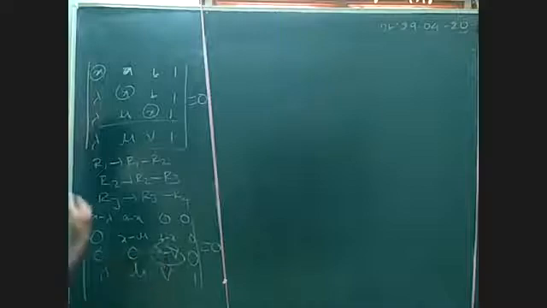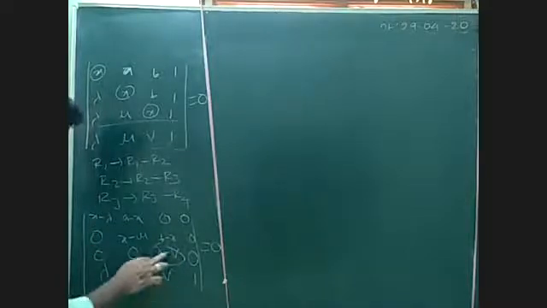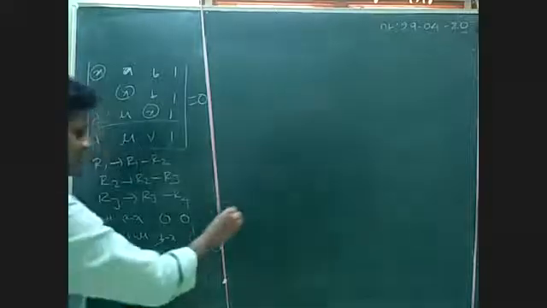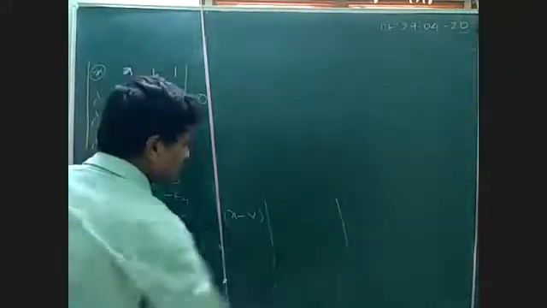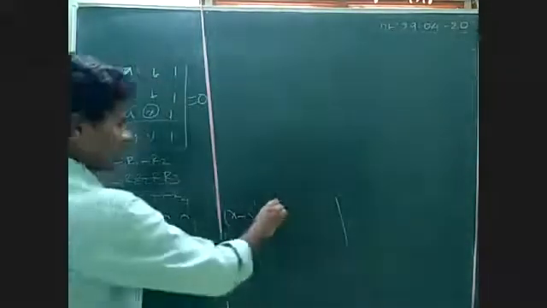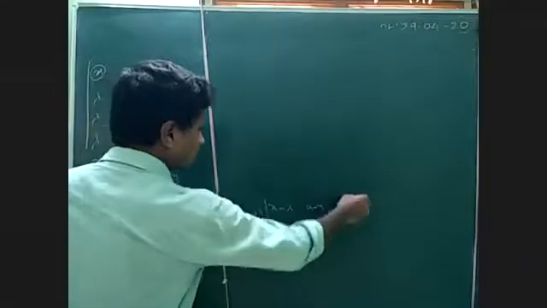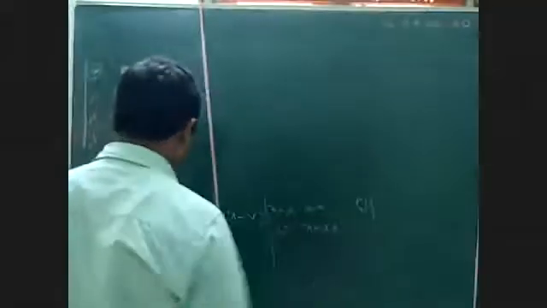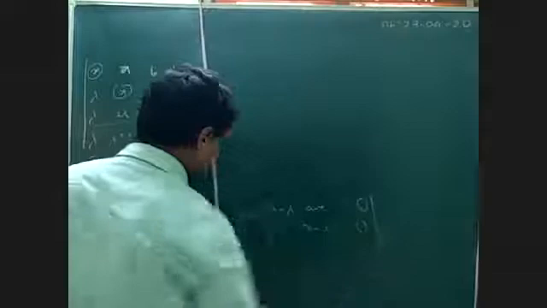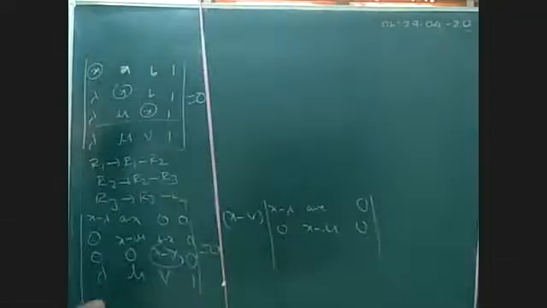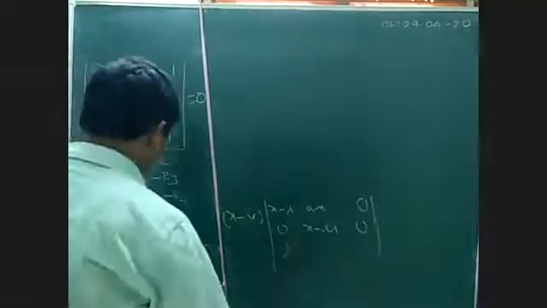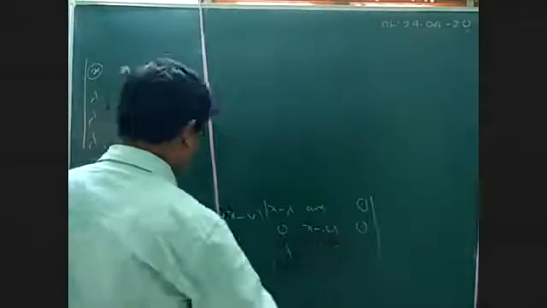So 0 into any value is 0, 0 into any value is 0, x minus v into a 3 by 3 determinant again. What are the 3 by 3 entries? X minus lambda and a minus x, and here 0, like that we'll get 0. Here 0, remaining value 0, x minus mu, 0, x minus mu, and finally the value is 0, and the last row is lambda, mu, and 1.